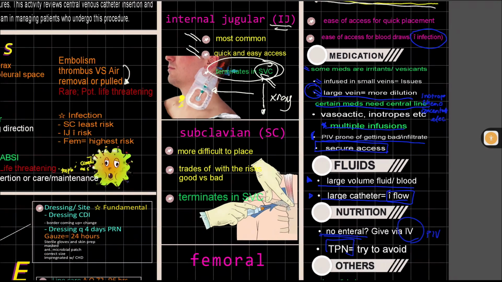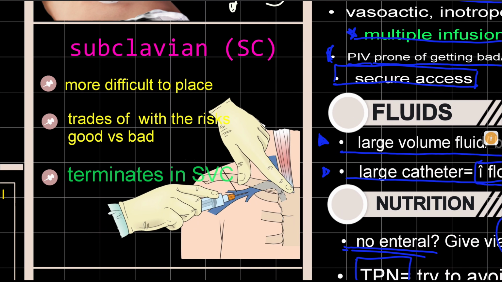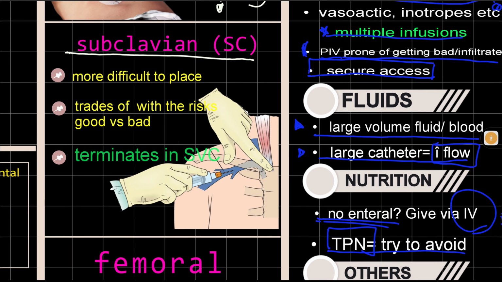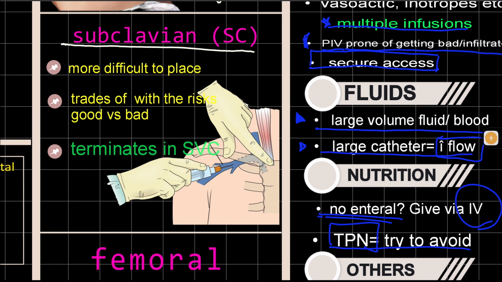Next, you have your subclavian, or what we call your SC. Subclavian, SC. This is the site under the clavicle. Now, this is more difficult because of its location. As you can see here, there's a lot of landmarks.